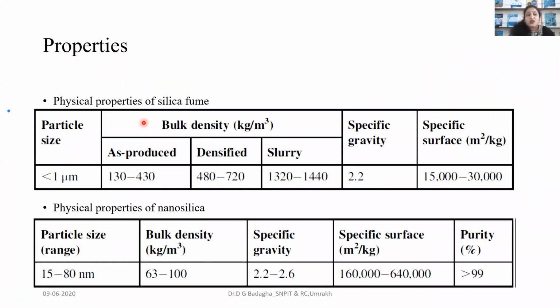So here are the physical properties of silica fume nanosilica, so based on those properties we can compare it with cement, and by comparing with cement we can come to the conclusion that this material has good properties like cement, so we can use it with cement for advanced concrete manufacturing.